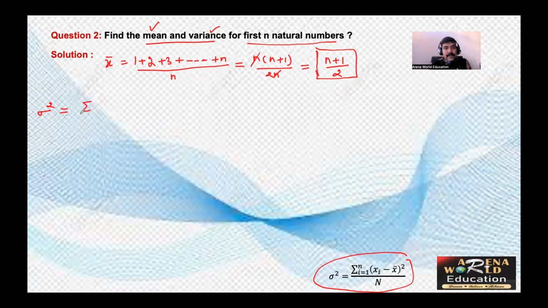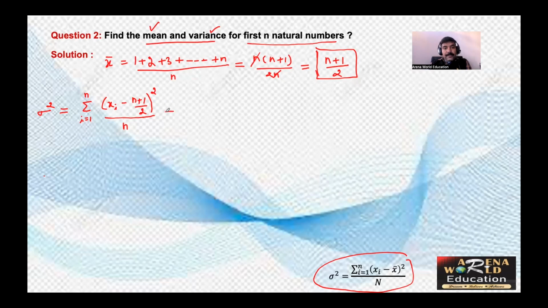Variance will be summation i equal to 1 to n, and xi minus x bar is what? X bar is n plus 1 divided by 2 whole square and whole divided by n, right? Here capital N means n natural numbers. They are talking about n natural numbers, right?